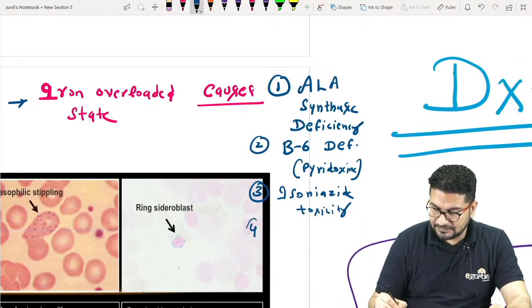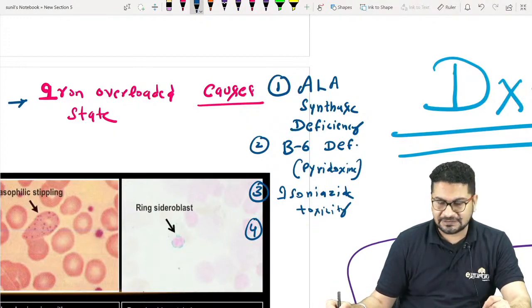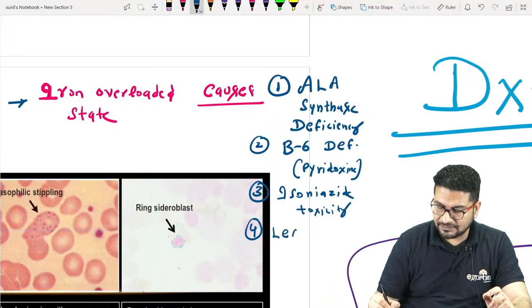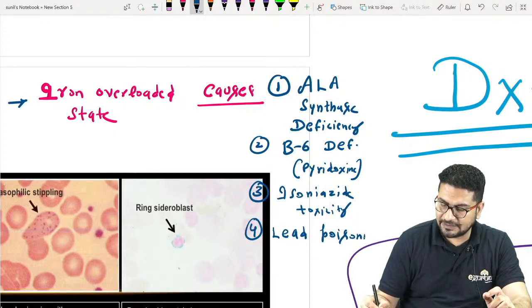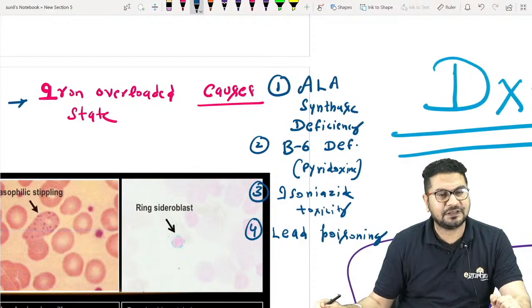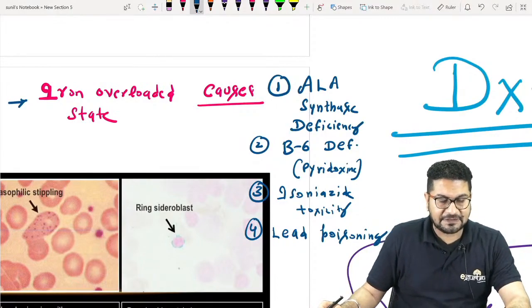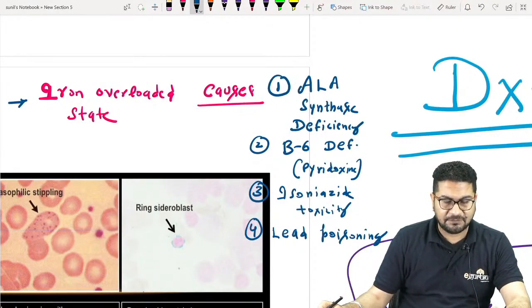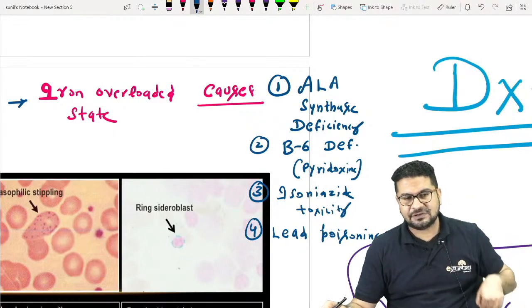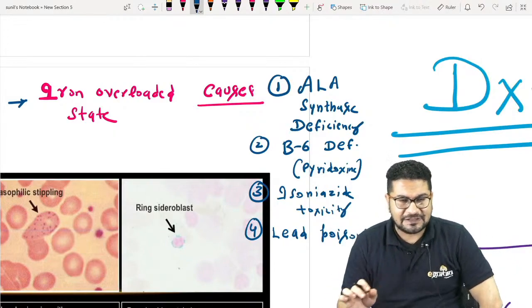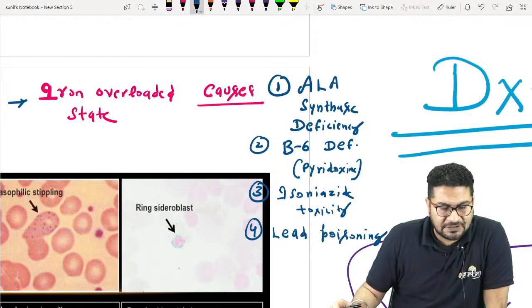Sideroblastic anemia also occurs due to lead poisoning. Lead poisoning is an example of sideroblastic anemia, because lead poisoning will inactivate an enzyme called ferrochelatase. So understand this.